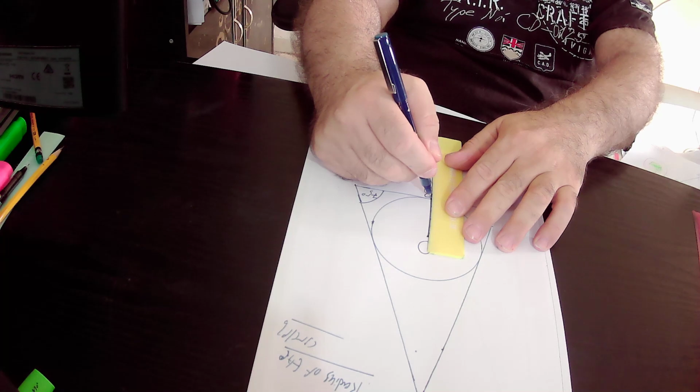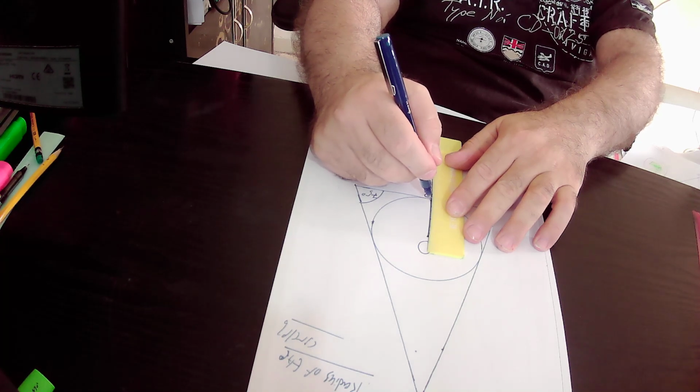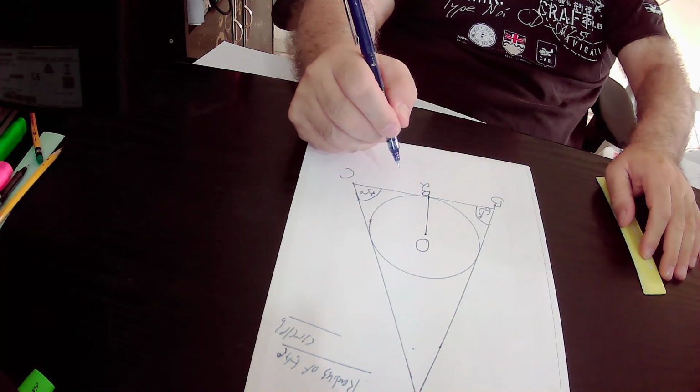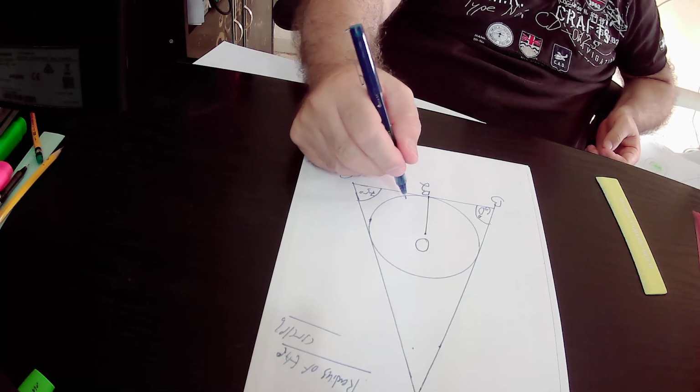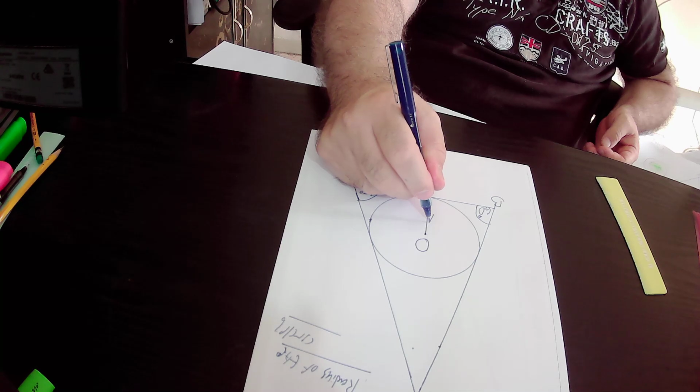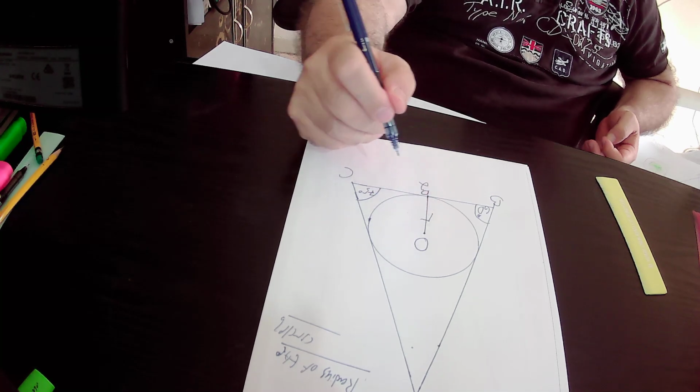Point O is the center of the circle. Point D is the point of the circle itself. Therefore, line segment OD is the radius of the circle that we will define as R. OD equals R.